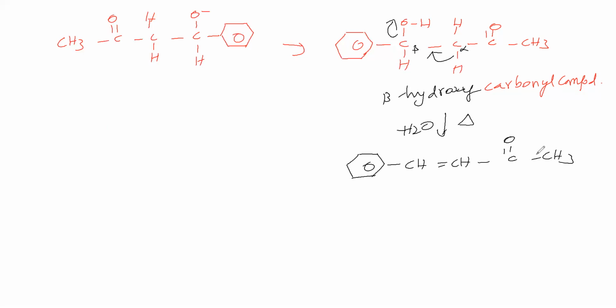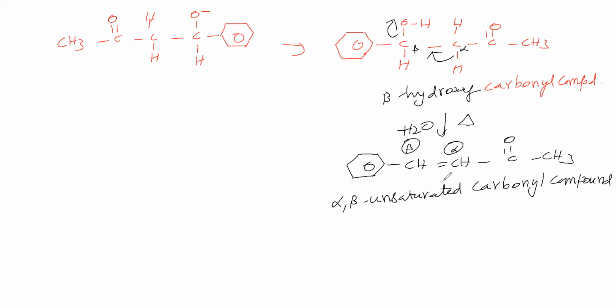A carbonyl group is there, so we can call this a carbonyl compound. This is the alpha carbon, this is the beta carbon. Between the alpha carbon and beta carbon a pi bond is there, therefore we call it an alpha beta unsaturated carbonyl compound. So like this the product is possible.